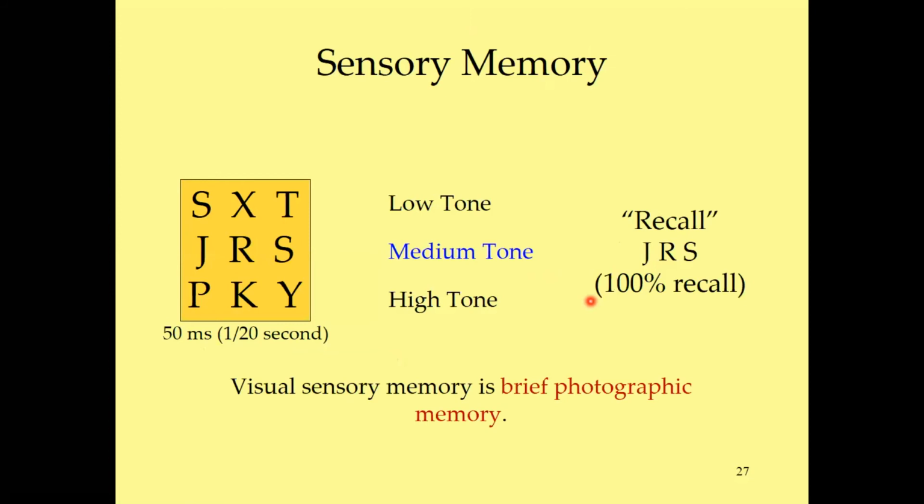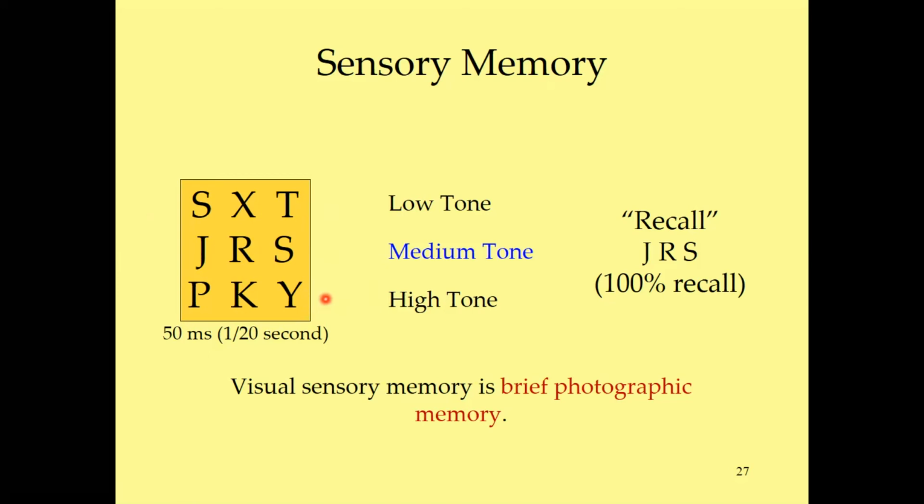Next, he trained his subjects to recognize 3 musical tones: one high-pitched, one medium, and one low-pitched. These tones indicated which line of letters the person was to remember. If it was the low tone, it would be the top line. If it was the high tone, the bottom line, and so forth.